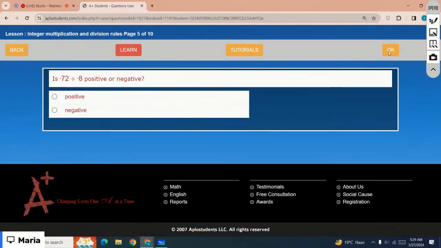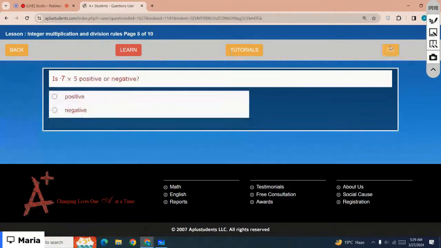That means the answer is... the correct option is positive, because both the numbers have the same sign, so the answer must be positive.